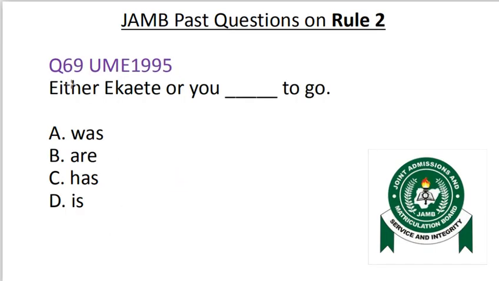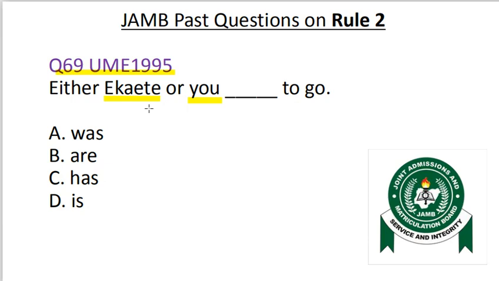Question 69, UME 1995. Either Ekaite or you dash to go. A, was. B, are. C, has. D, is. This particular question looks similar to one of our examples where we said either Nancy or you were there. Although that one is in the past tense, this one is in the present tense.